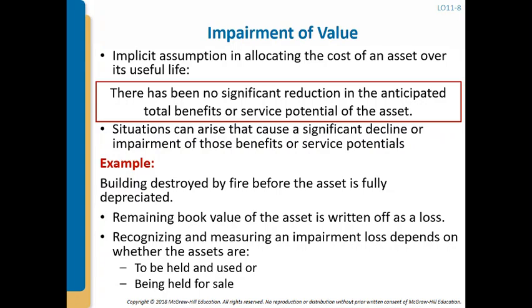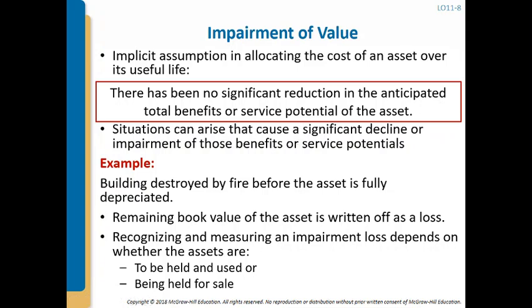But sometimes there's a reduction in the benefits that you expect to receive from an asset. And so when you have such a decline or impairment of these benefits, you've got to reduce your book value to the fair value.